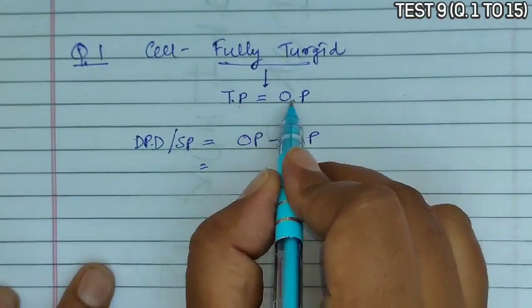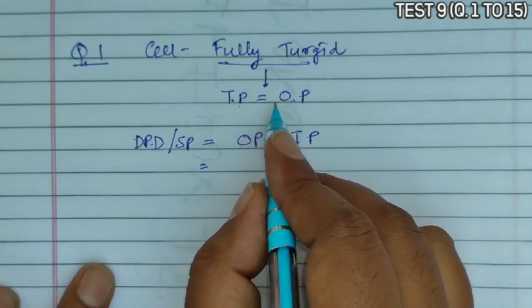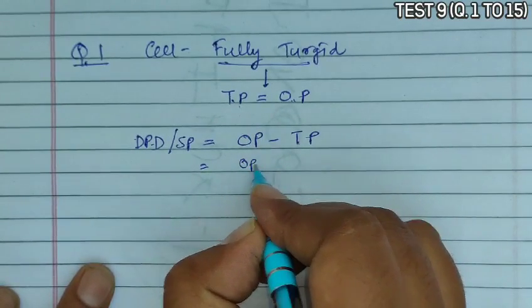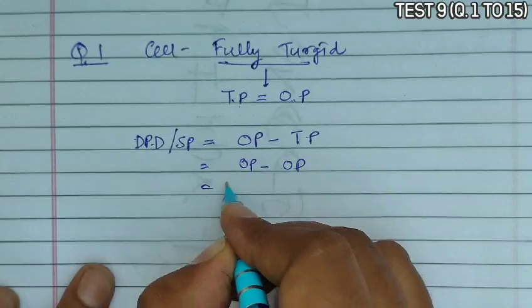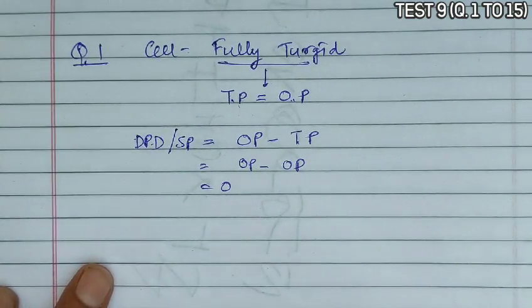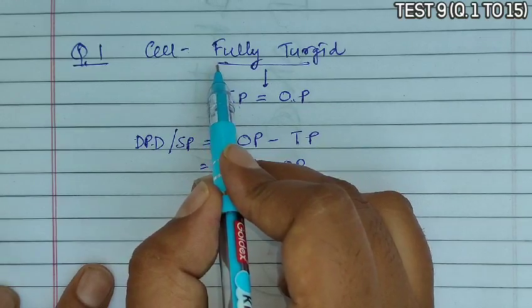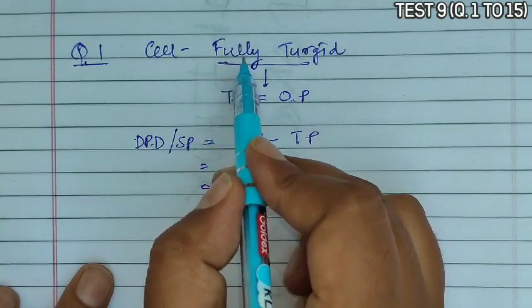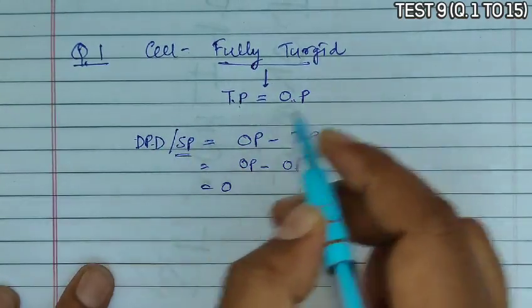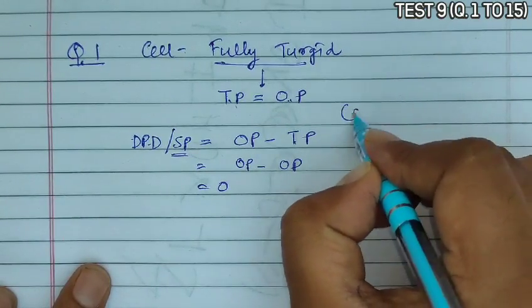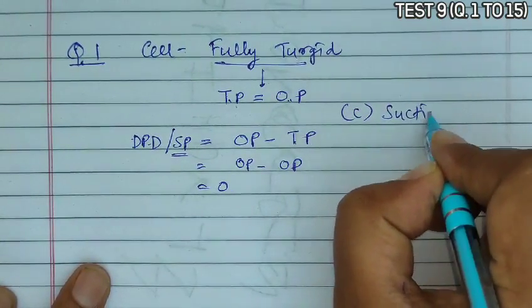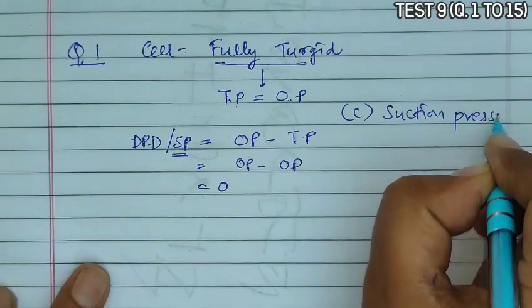So OP minus OP becomes 0. So suction pressure will be 0. So option C becomes the correct answer, that is suction pressure.